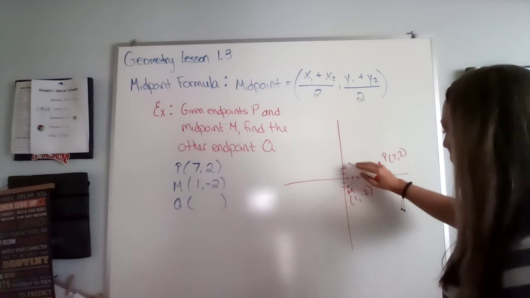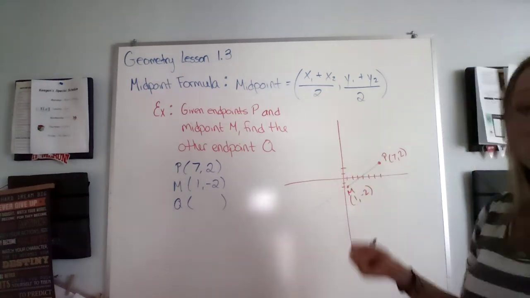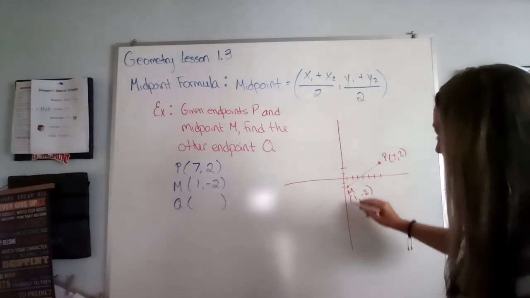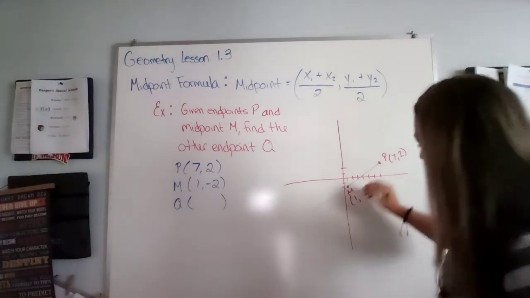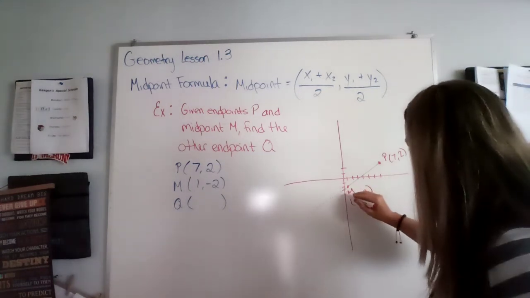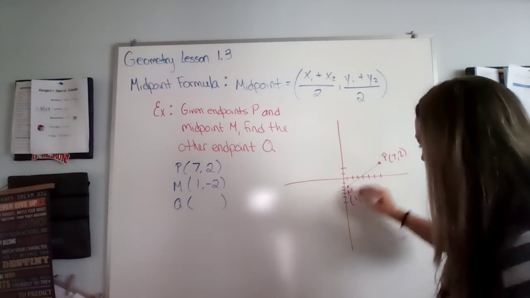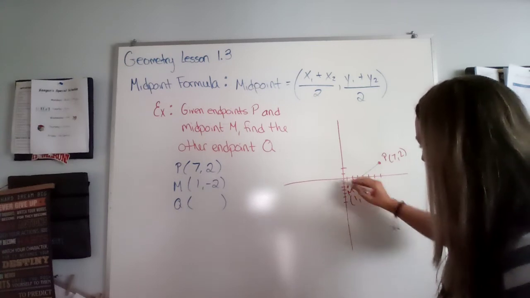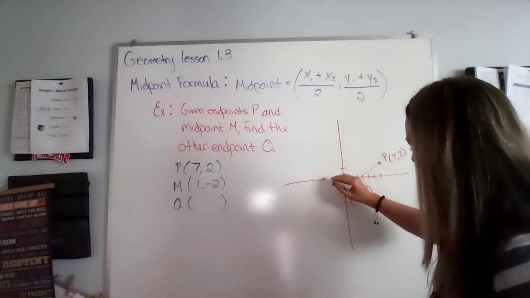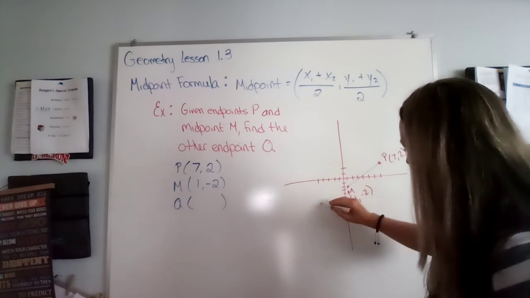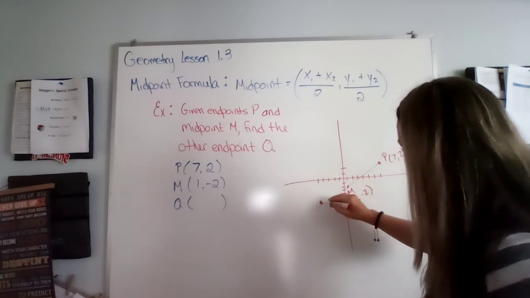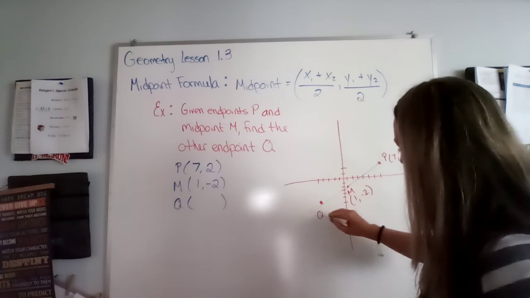So it's up 4 over 6. So if you do the opposite, if you go down 4, this way 6, so 1, 2, 3, 4, go down 4, and then over 6 units. So 1, 2, 3, 4, 5, 6. Put it there, right? That should be Q.